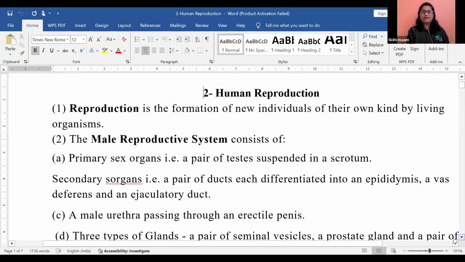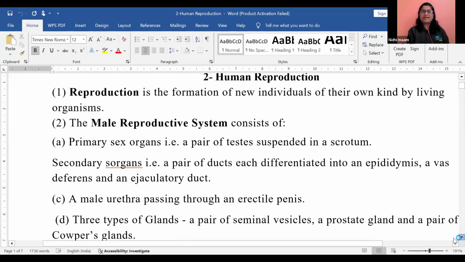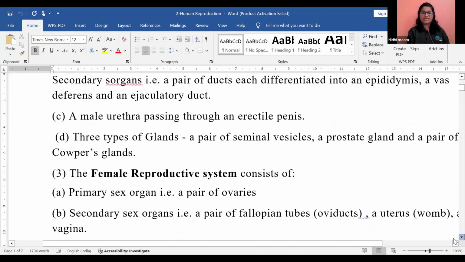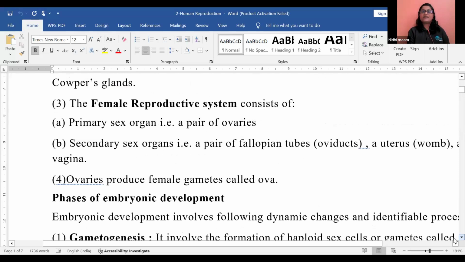Here we are going to concentrate on the concept of reproduction. Then the male reproductive system: the primary sex organs are the pair of testes which are suspended in the scrotum. Recall the function of the scrotum here. Then the female reproductive system: pair of ovaries, fallopian tubes, vagina.